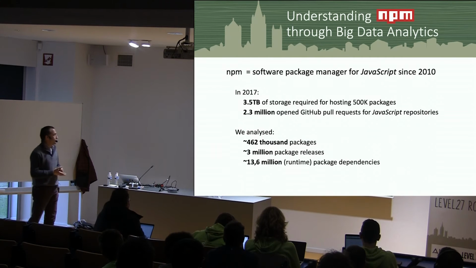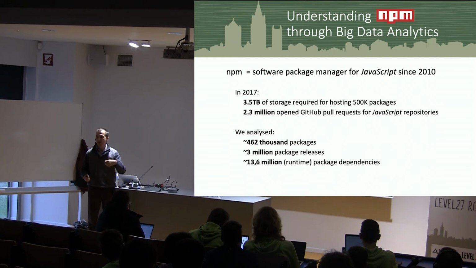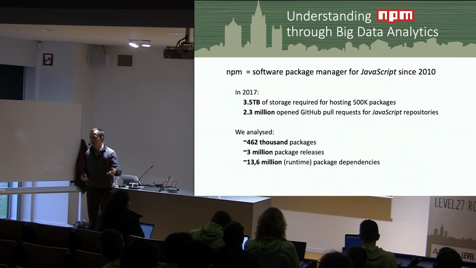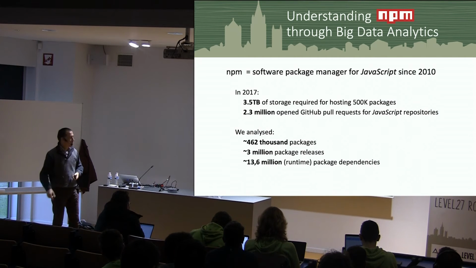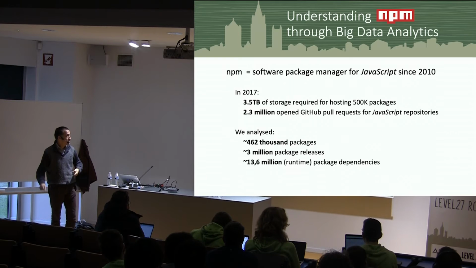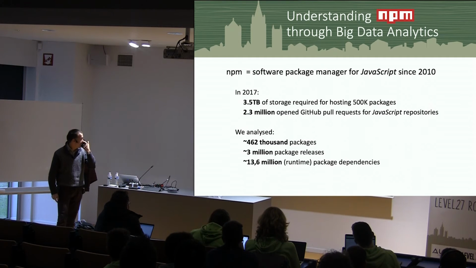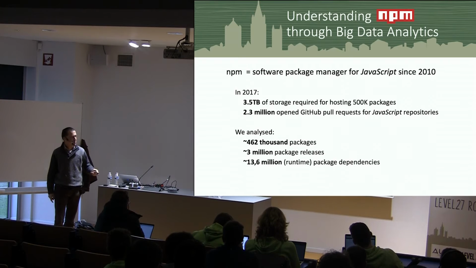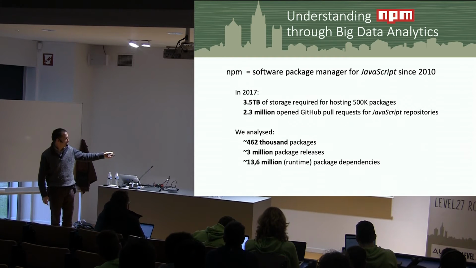So here the focus is on NPM, but in some of the other figures I will show later, you will see three different graphs: one for NPM, one for Packagist, and one for CRAN, to just show the variation in what we found. To show you the size of the data we have been analyzing, I think in July 2017 we extracted data for 426,000 packages.